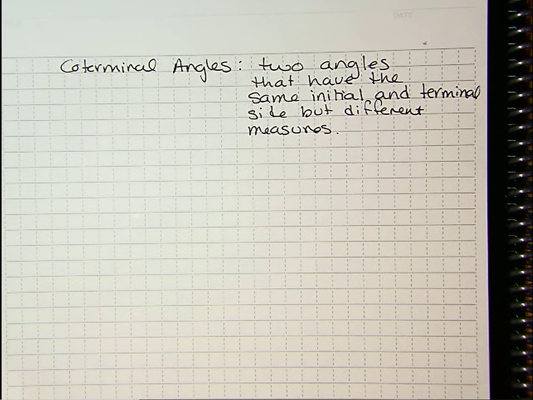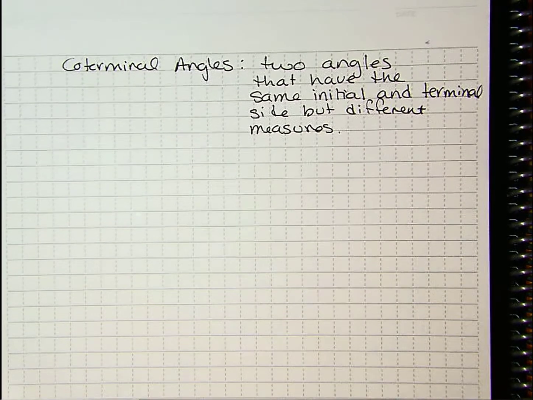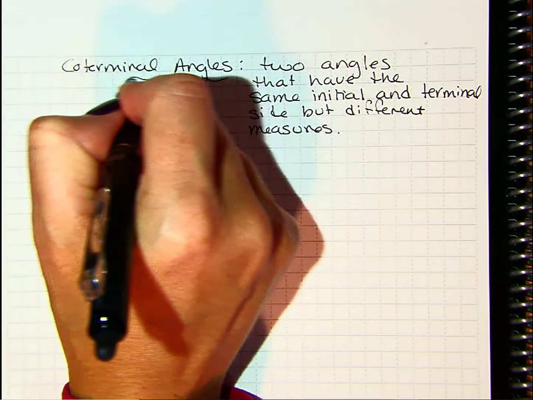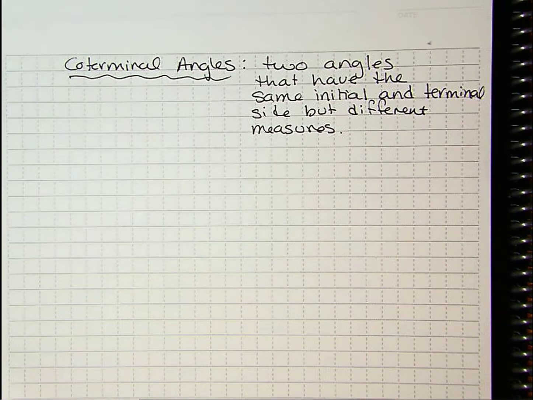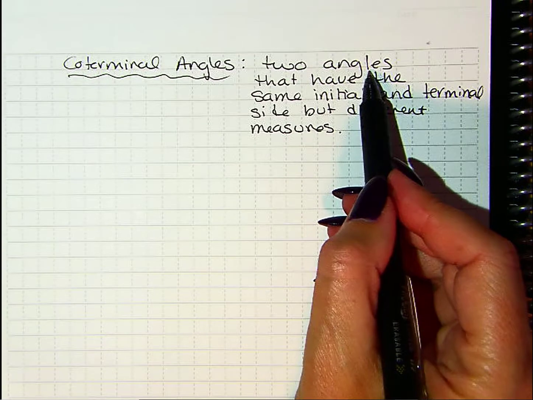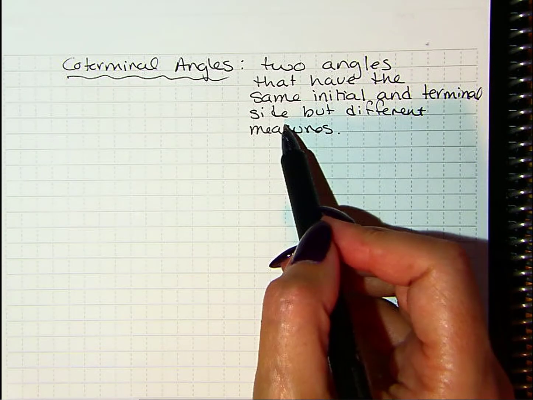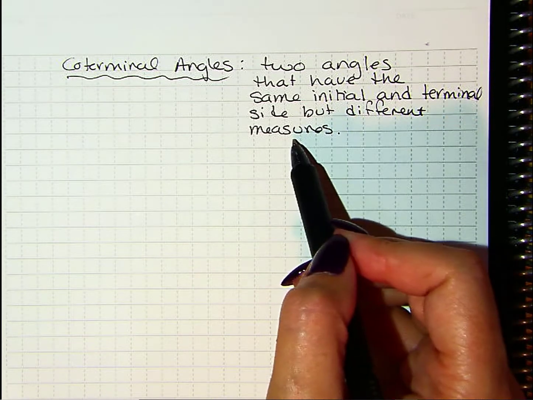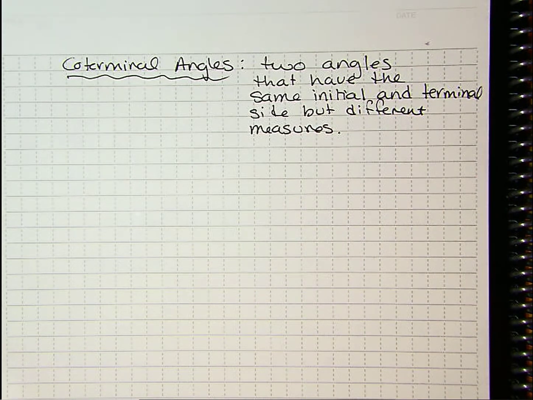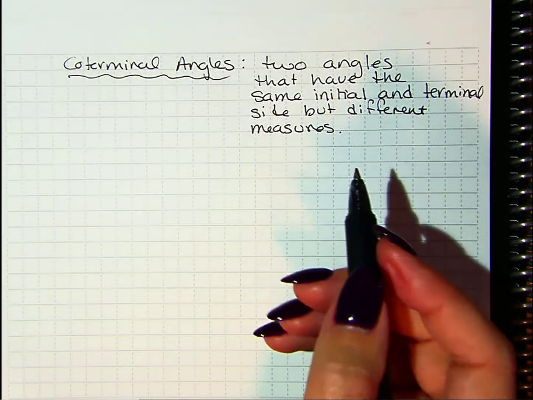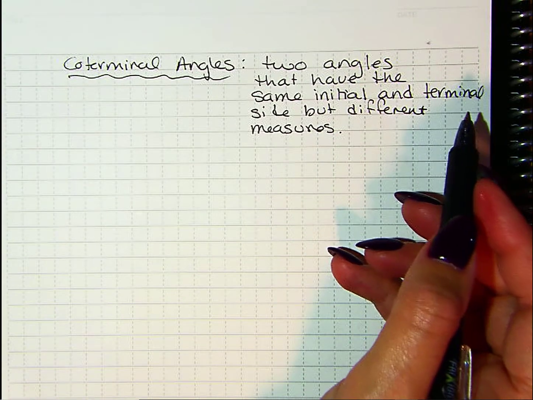The other topic that we need to talk about today is this concept of coterminal angles. Coterminal angles are two angles that have the same initial and terminal sides, but yet they have different measurements. So let's first review what an initial and a terminal side is.